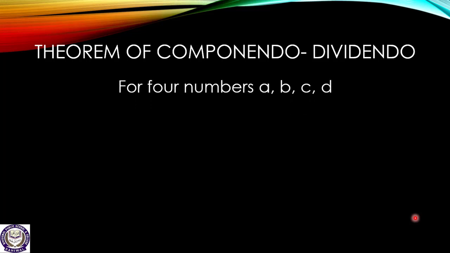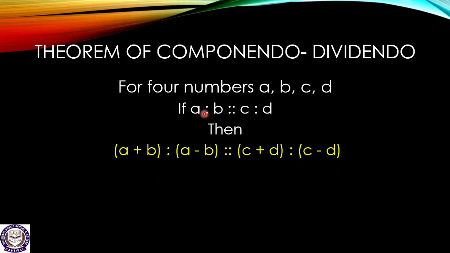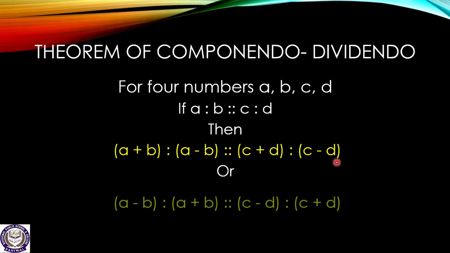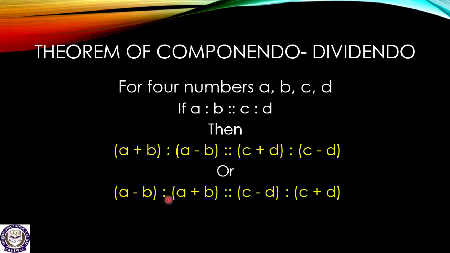Again, we consider four numbers A, B, C and D. If A ratio B is in proportion to C ratio D, then A plus B, first term plus second term, ratio A minus B, first term minus second term, is in proportion to C plus D, third term plus fourth term, ratio C minus D, third term minus fourth term, or we can write it as A minus B ratio A plus B, which is in proportion to C minus D ratio C plus D.